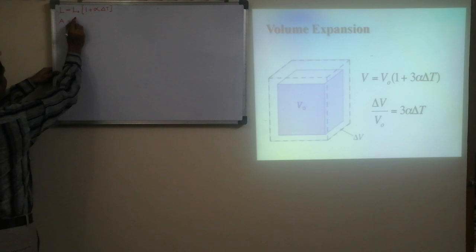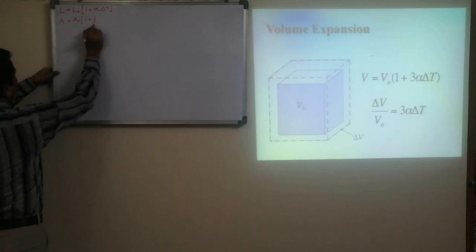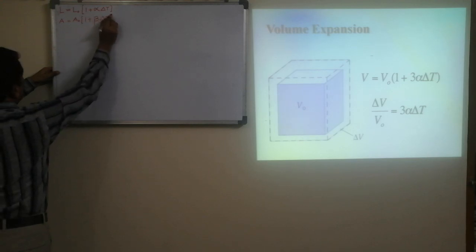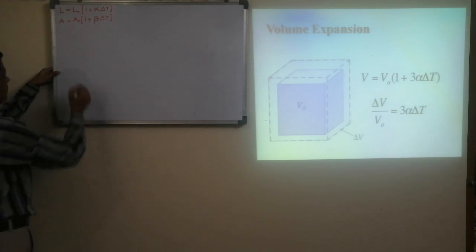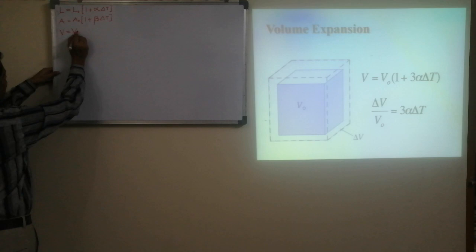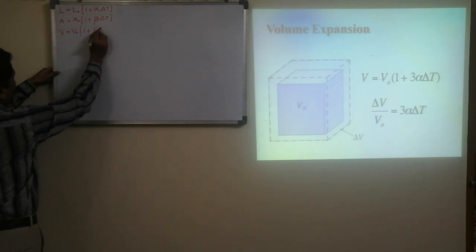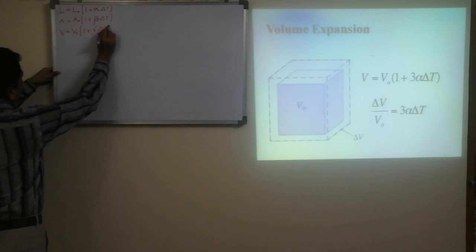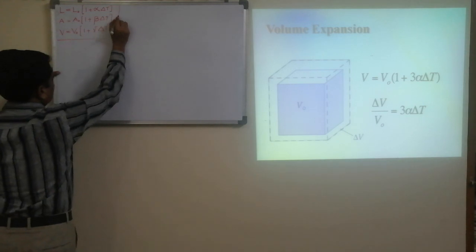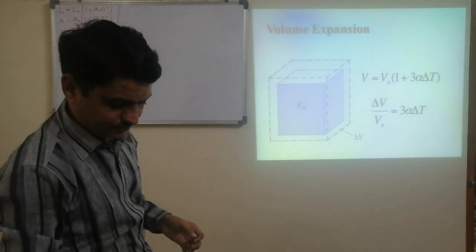A is equal to A naught in bracket 1 plus beta into delta T, for areal expansion. V is equal to V naught in bracket 1 plus gamma into delta T, for volume expansion. So this much we have taken till now.